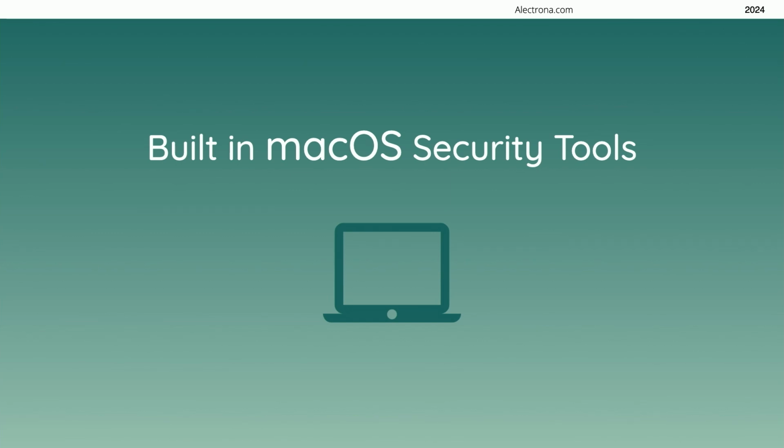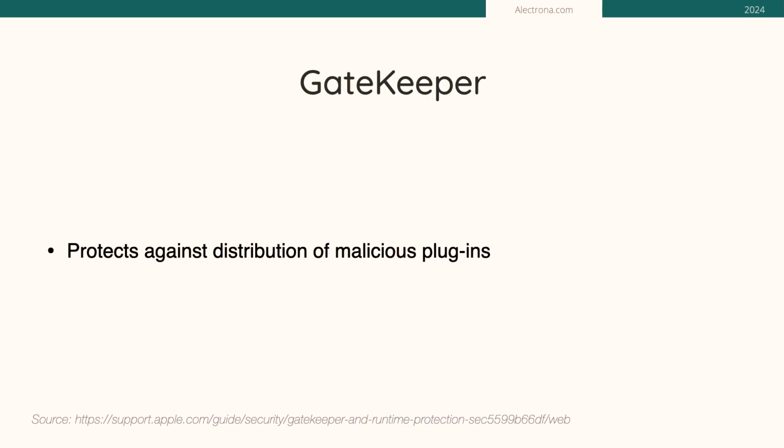Next, we're going to get into some of the built-in macOS security tools. So starting with Gatekeeper, which we mentioned before. Gatekeeper protects against the distribution of malicious plugins on your computer when you launch a package or an application.